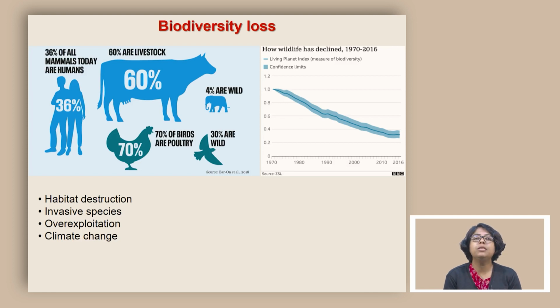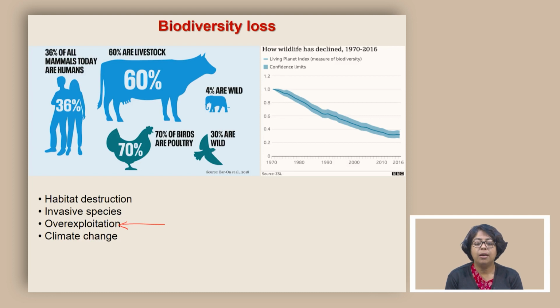So, the Anthropocene is marked by a significant biodiversity loss. And the reasons for such biodiversity loss include habitat destruction, invasive species, over exploitation and climate change. This over exploitation basically means how we get our food.